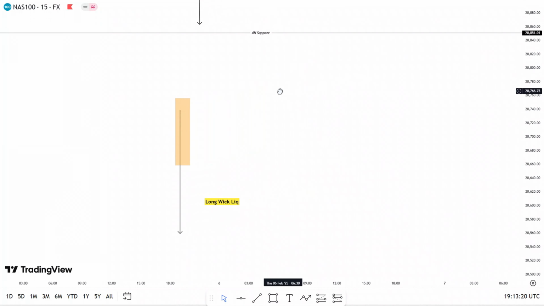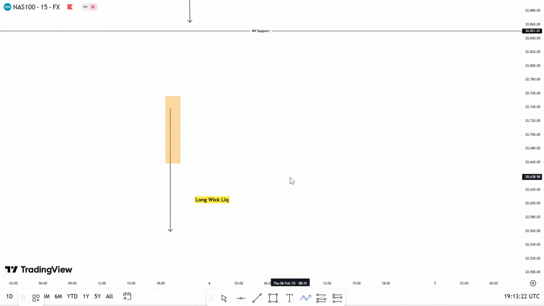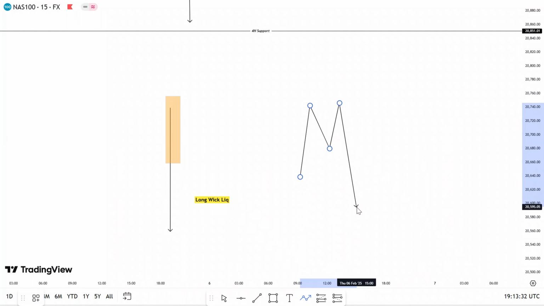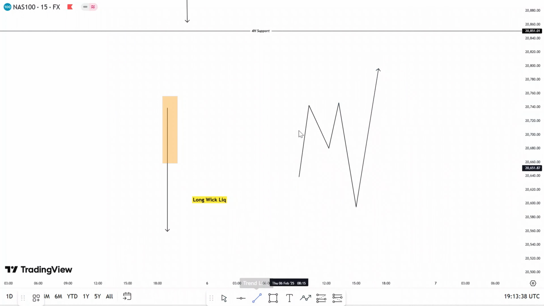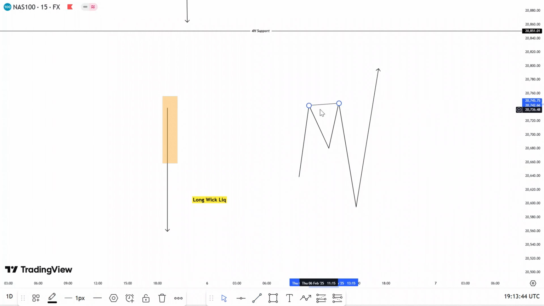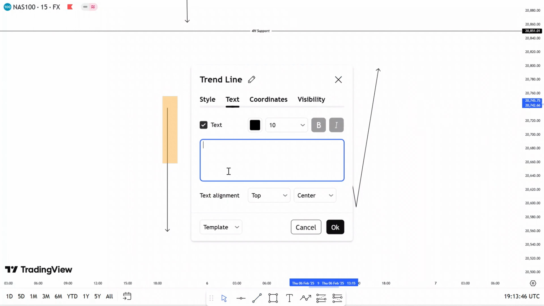Then the other one, we have the double top or equal highs or equal low, whichever you want to call it. You have your equal highs. So now you are looking forward to buy to actually fill that equal highs, right? Here is your liquidity. This is your liquidity on equal highs.